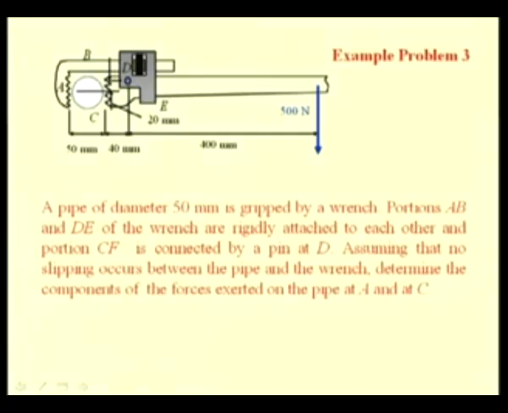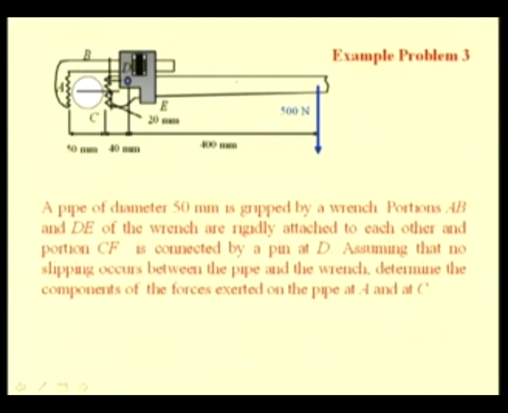So, here in this example you see a pipe wrench. It consists of an adjustable nut, so that the position of this member DE can be adjusted on this arm, so that variable diameter pipes can be held, and we have a sawtooth jaw at A as well as at C, so that no slip occurs between the pipe and the wrench face.